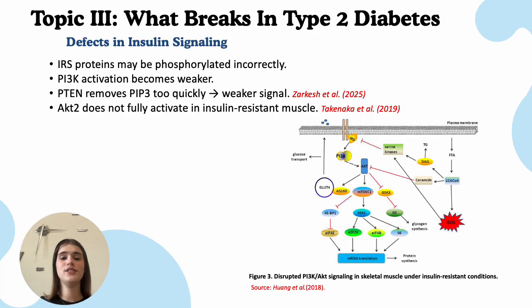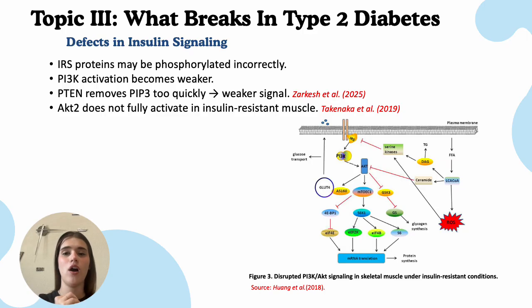In insulin resistant cells, several steps are weakened at the same time. IRS proteins may not signal correctly, PI3K activation could drop, and PTEN removes PIP3 too fast. Without enough PIP3, AKT never fully activates.